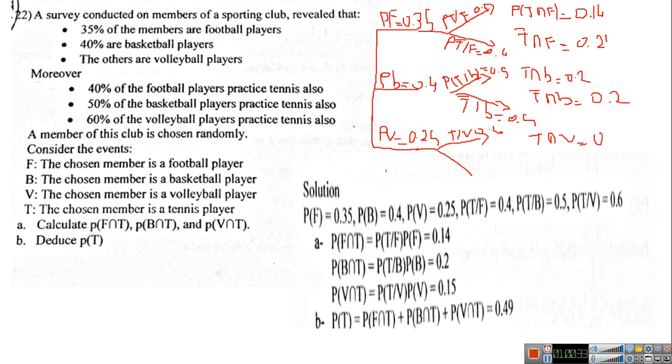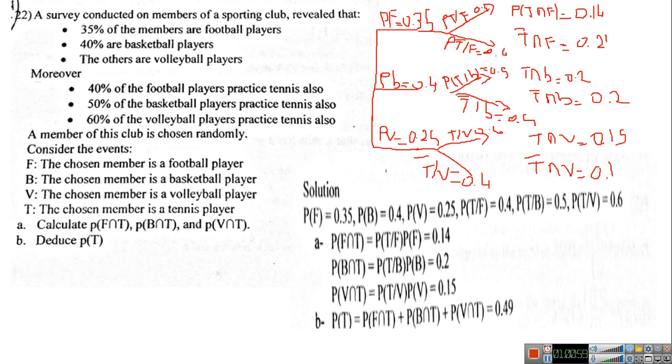And the last one, tennis bar knowing V is 0.4, and tennis bar and V is 0.4 times 0.25. If you make the sum of all of these, it will be 100%, 1.